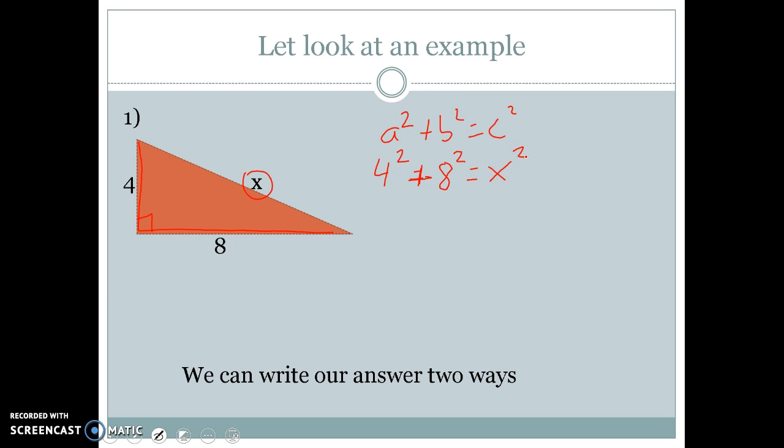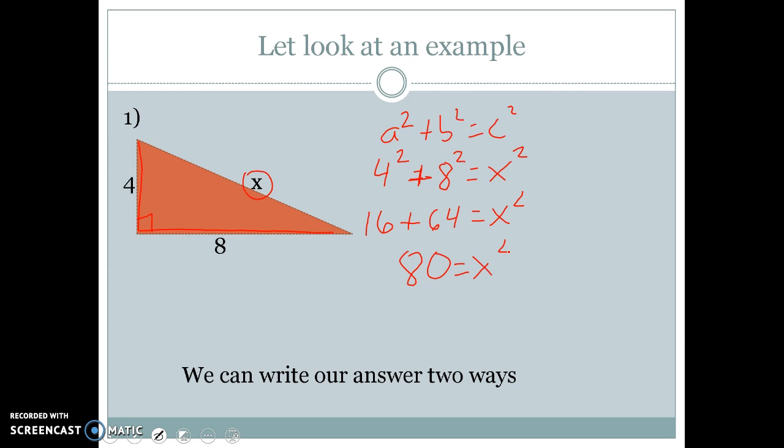And so we have 4 squared is 16, plus 8 squared is 64, and that equals x squared. But 16 plus 64 is 80, and so x squared is equal to 80.